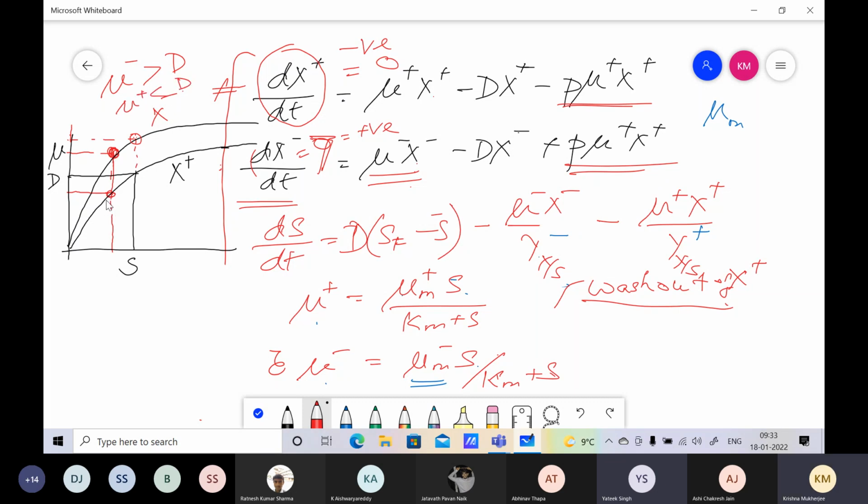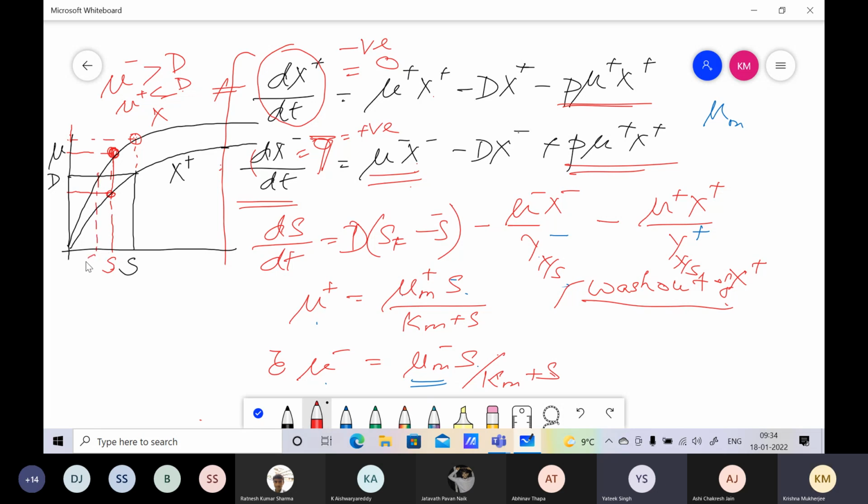Can you follow this? Because this is the dilution. Yes, sir. So the substrate concentration falls to this value, and therefore X plus is disappearing and X minus is appearing. It is building up. So there is a fast build-up of X minus cells. Finally, you end up with a substrate concentration of this value.